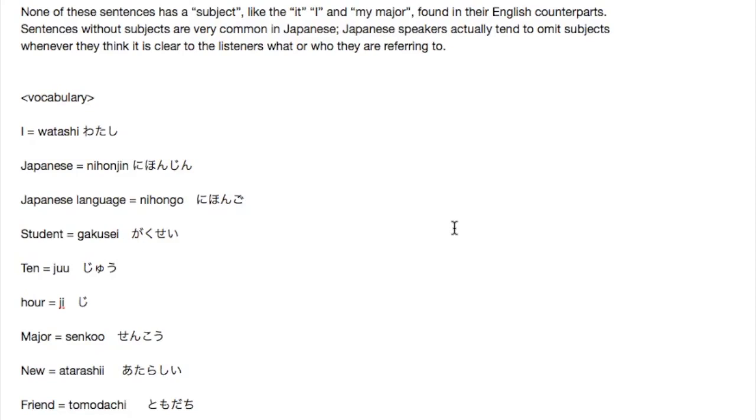Many foreigners say it that way, but you should say it flat. And 日本人、日本語、学生、10、時、専攻、新しい、友達. We have to pronounce them flat. That's why it's difficult for Japanese people to pronounce English very well.